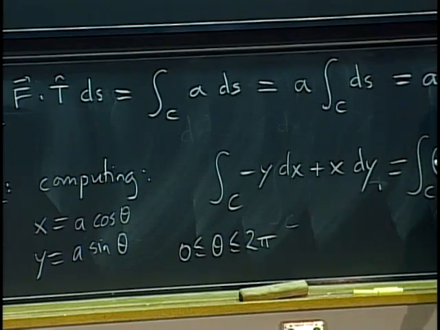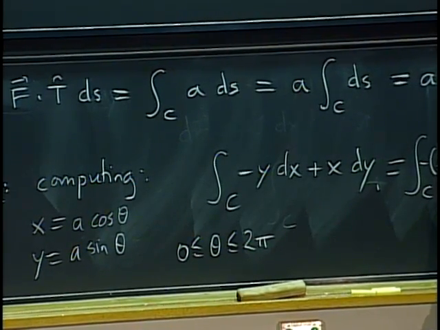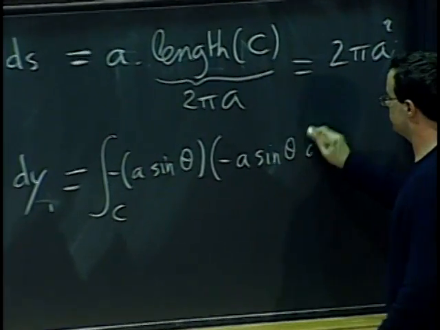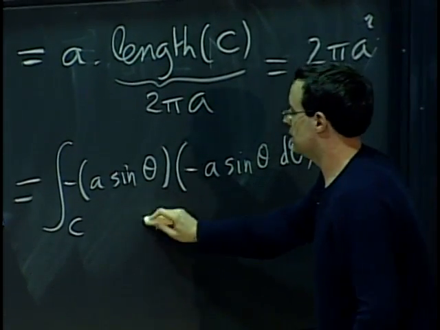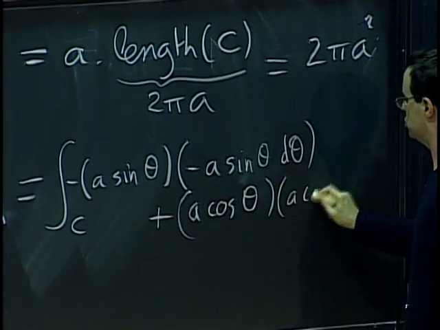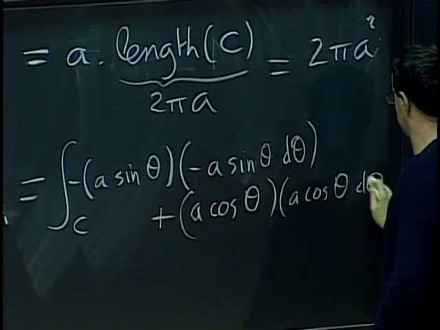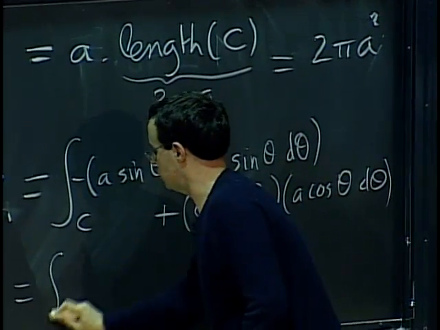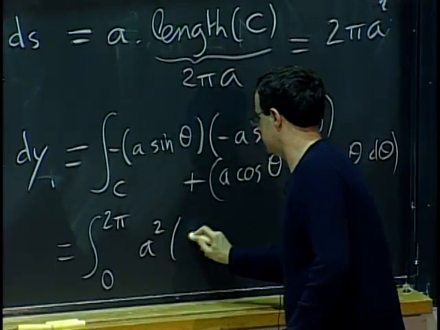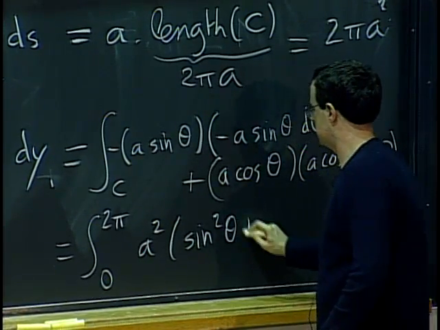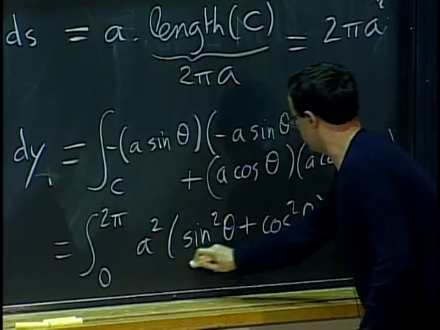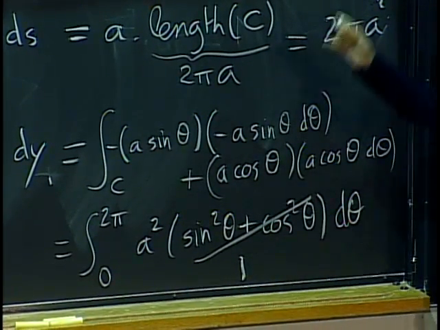So y is a sine theta. dx is negative a sine theta d theta, if you differentiate a cosine, plus a cos theta d theta. Well, you'll just end up with the integral from 0 to 2 pi of a squared times sine squared theta plus cosine squared theta d theta. That becomes just 1, and you get the same answer.